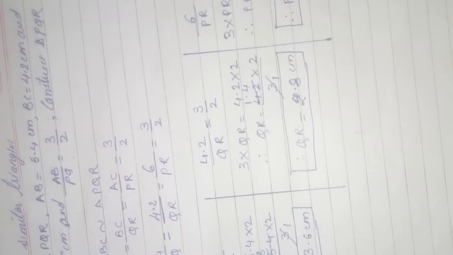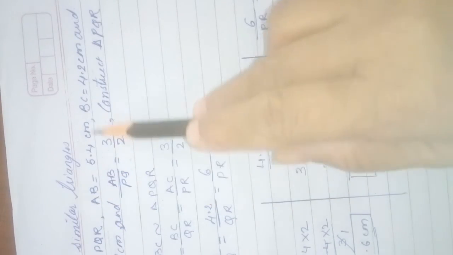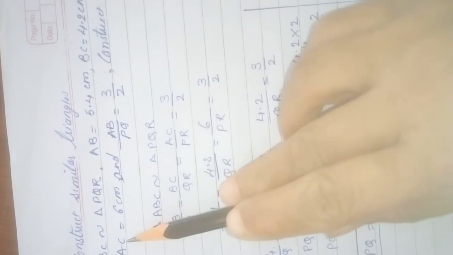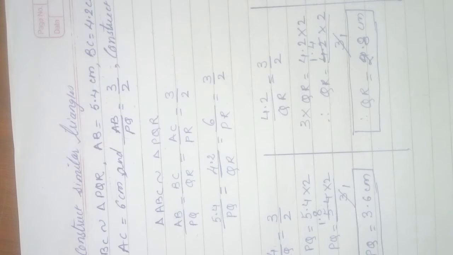Now we have to construct both the triangles. For that, first we will draw both the rough figures. First we draw the rough diagram of triangle ABC, and AC is the longest side. Generally we take the longest side as the base.